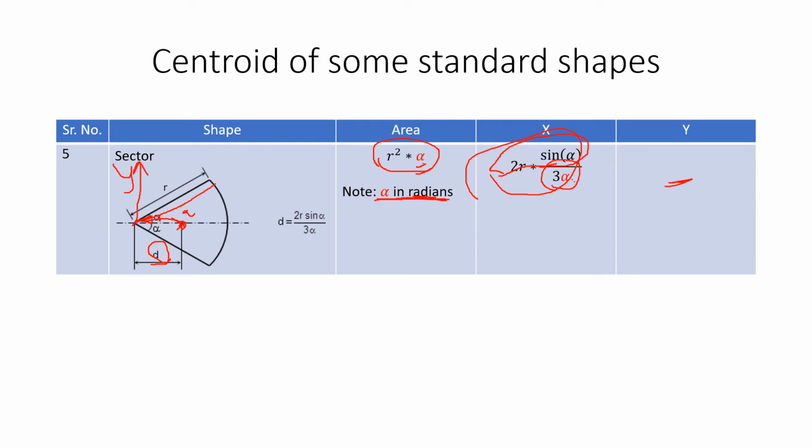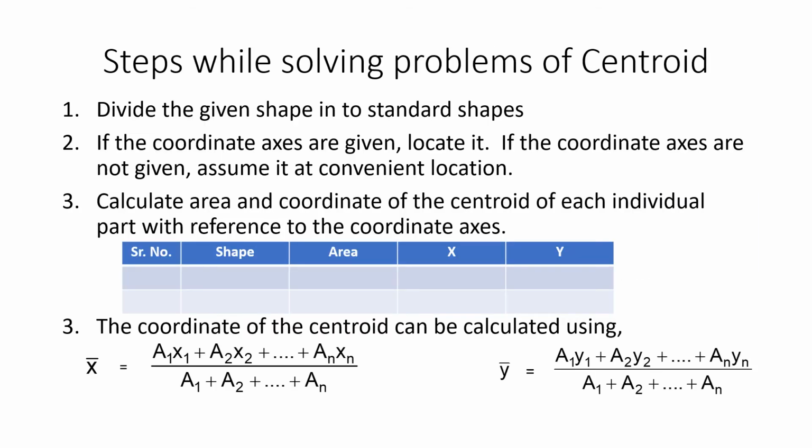Now let us go for the steps that we will adopt while solving the problem of centroid. If any problem of centroid is coming in your exam, then what should be the general procedure? Here I am showing you a general procedure. Very first, some complex shape will be given to you.